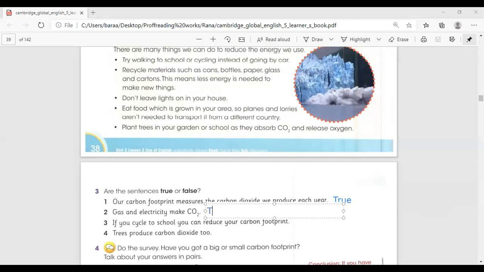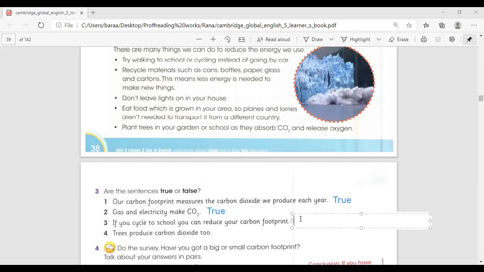True. These are some of the resources that help in producing CO2 gas. The third: if you cycle to school, you can reduce your carbon footprint. Is it true or false?